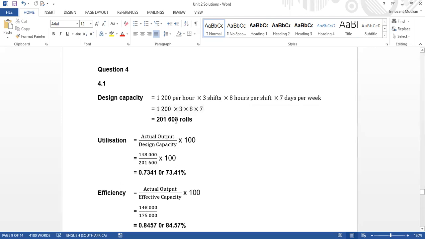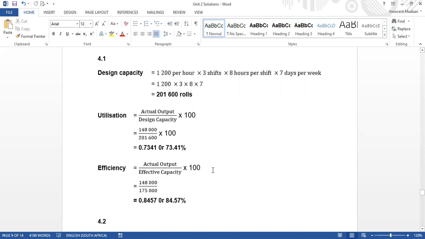If this design capacity is wrong, it means the utilization is also going to be wrong. So it's 148,000 divided by 201,600, multiplied by 100. You can write it as 0.7341, or as a percentage, 73.41%. This is the same thing. If you write it as a decimal fraction or as a percentage, your answer will be correct.